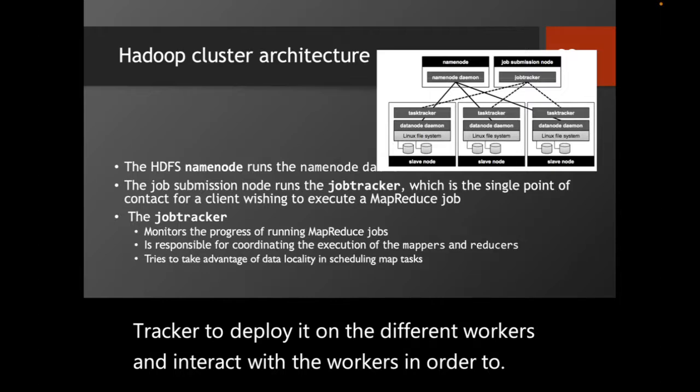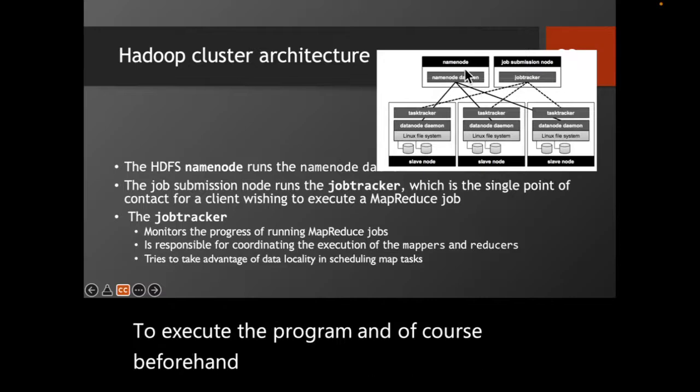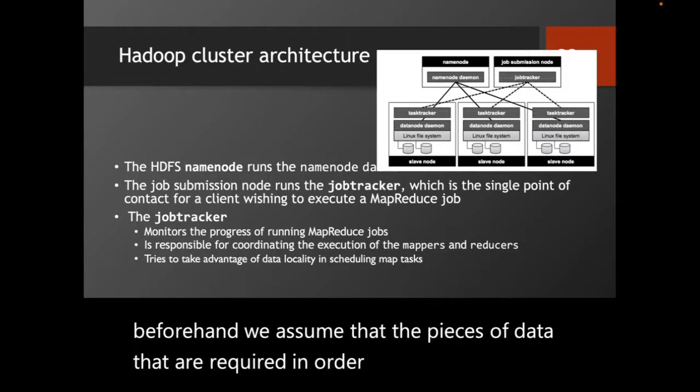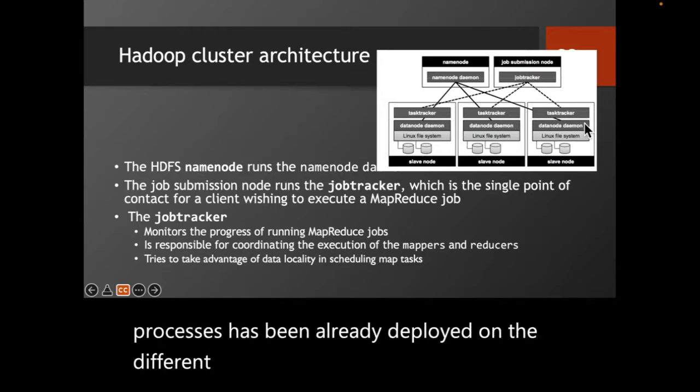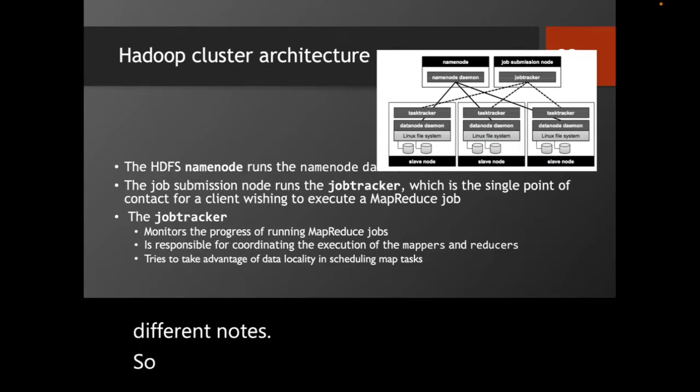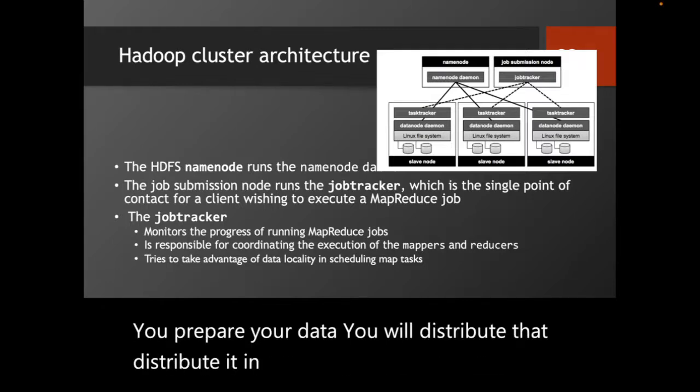in order to execute the program. And of course, beforehand, we assume that the pieces of data that are required in order to run each of the processes have already been deployed on the different nodes. So you prepare your data, you distribute it across the cluster.